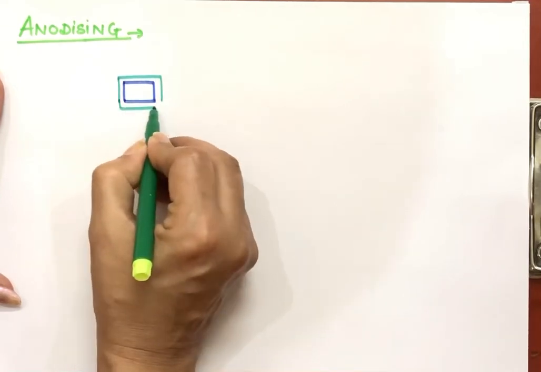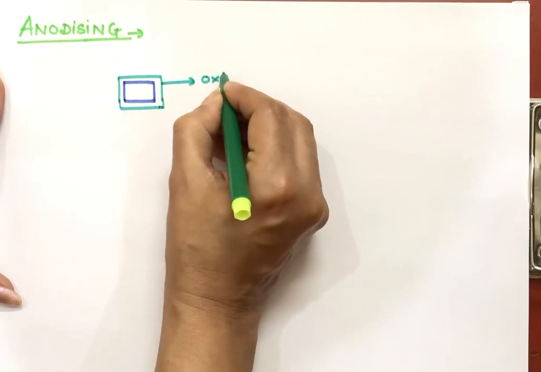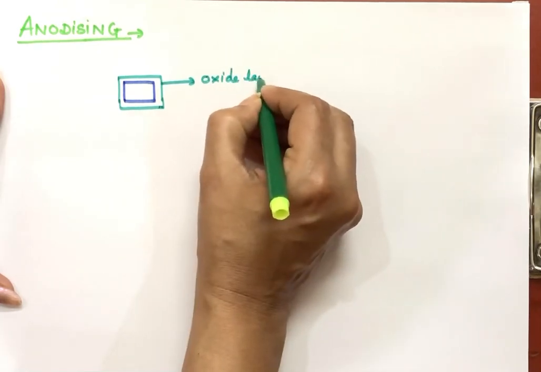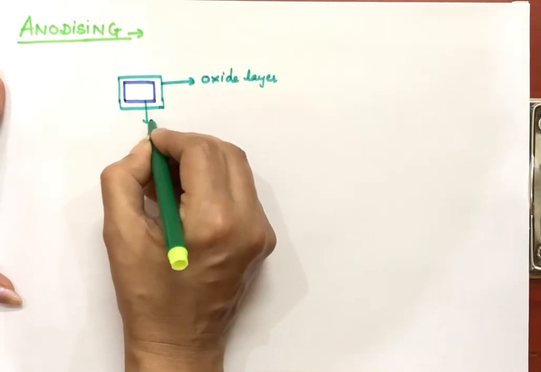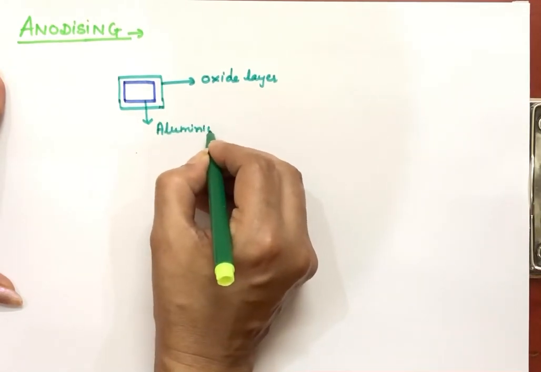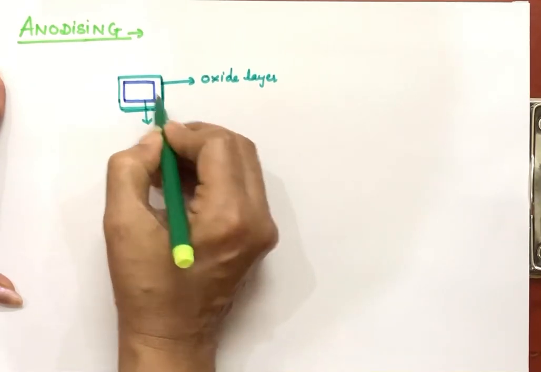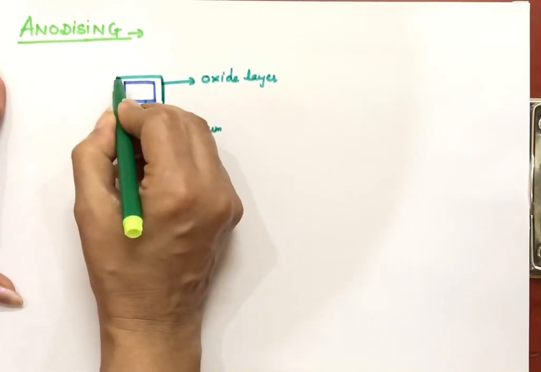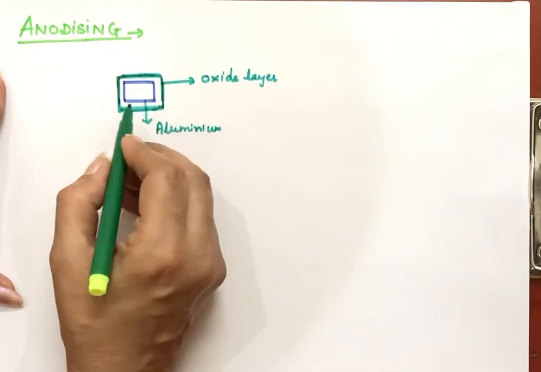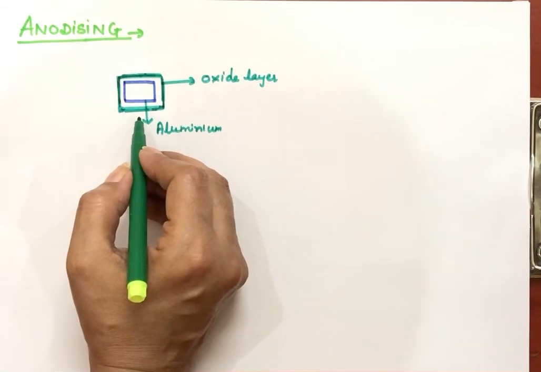A layer of oxide comes on the top of this. So this is the oxide layer, and this is aluminium. A process of forming a thick oxide layer of aluminium on this aluminium is known as anodizing.